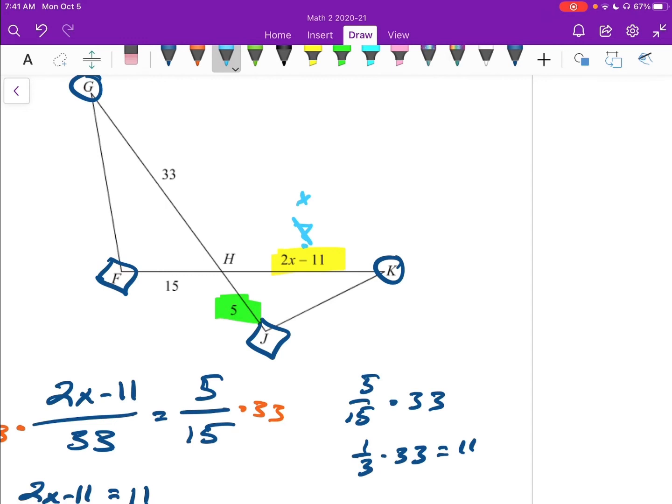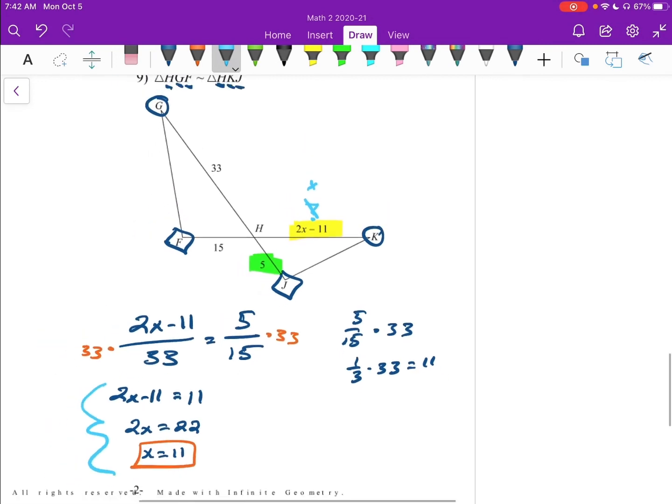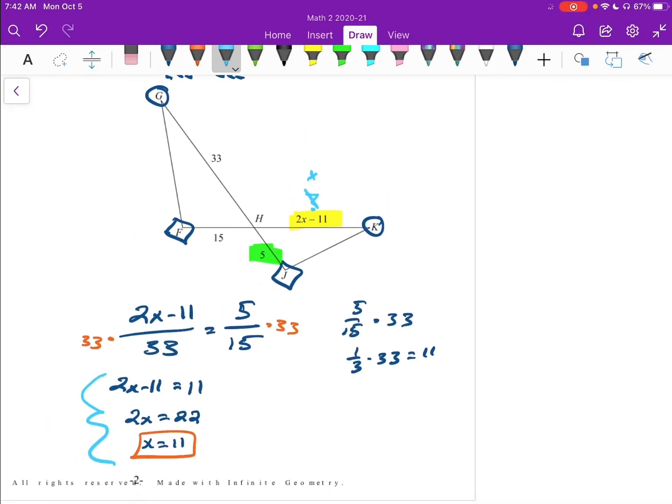It's actually a little bit easier of a problem, because this one here you have 2x minus 11. If you just had a plain old x, our last three steps here wouldn't have happened. So again, if you see a question mark as a side length, then go ahead and cross that out, put an x, and you solve it the same way as what we're doing right here. All right.